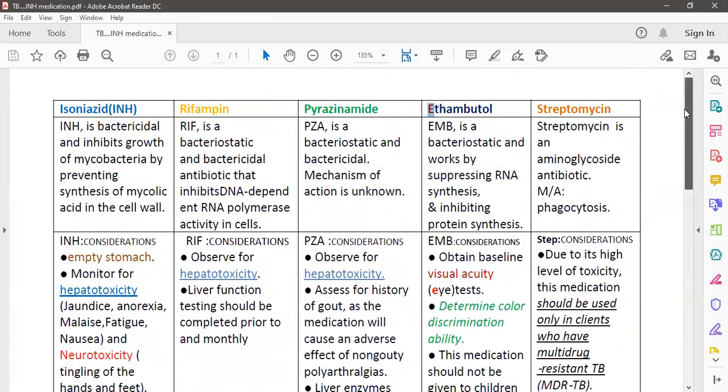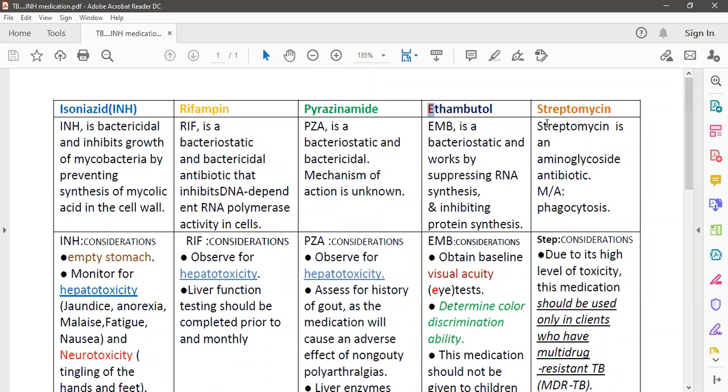The last medication we use in TB is streptomycin. The most important point about streptomycin is that it is an antibiotic, but we use it as an anti-TB medication.